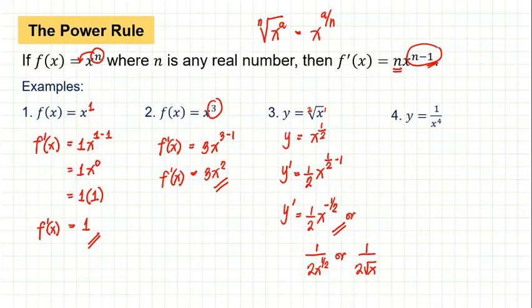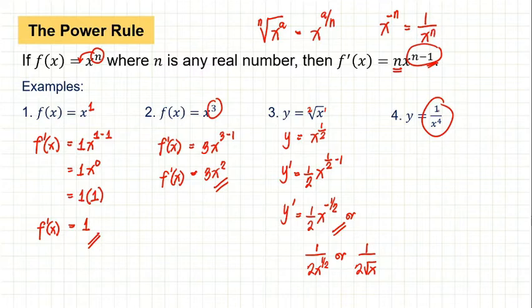The last one, we have y equal to 1 over x to the power of 4. So again, this expression here is not the same as x to the n. So we need to do something here. But take note, if you have x to the power of negative n, we can rewrite that one as 1 over x to the n.